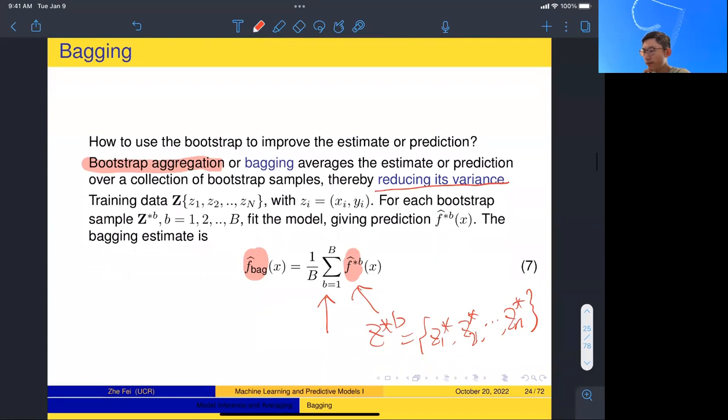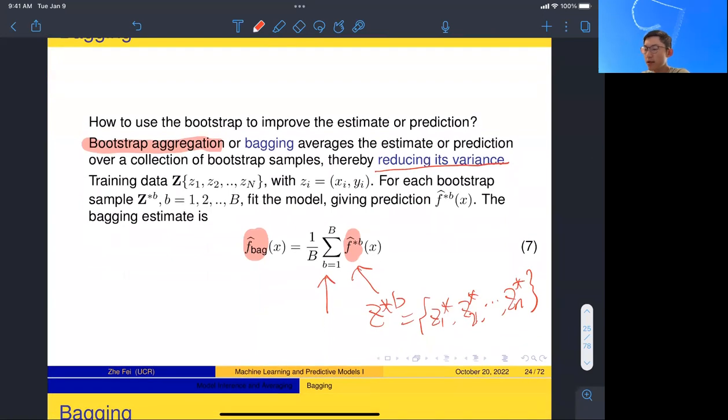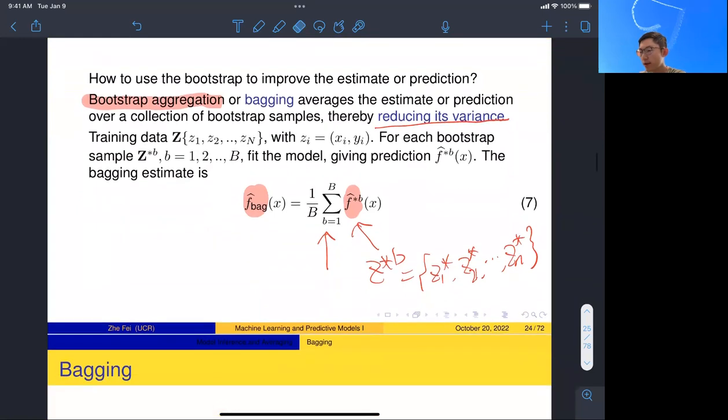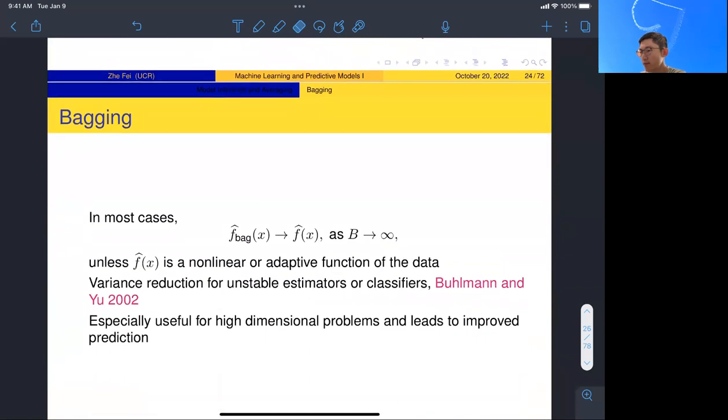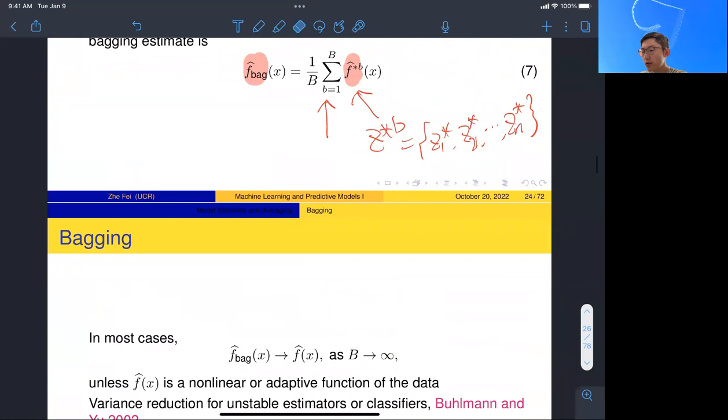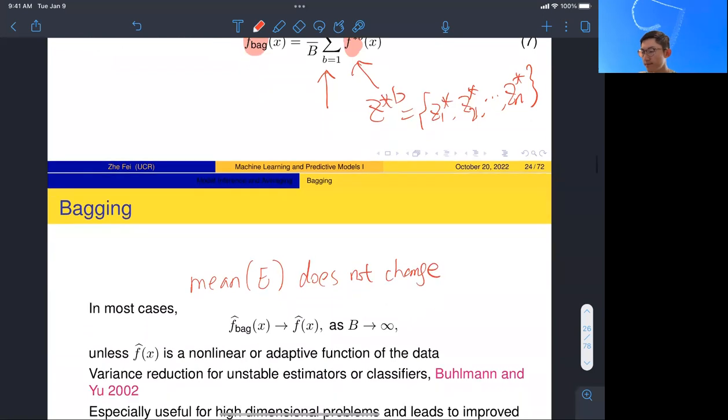So the goal here is that by taking this averaging, hopefully we reduce the variance. Intuitively, by simply taking multiple bootstrap samples, we do not change the expectation, or the mean, in most cases.